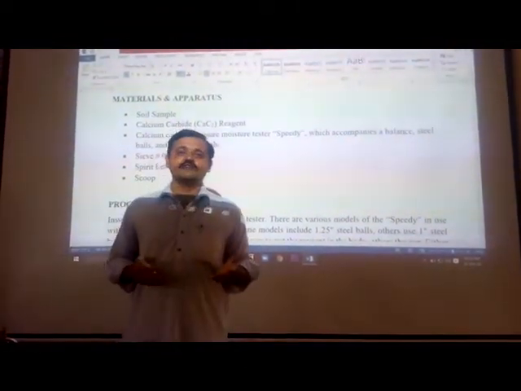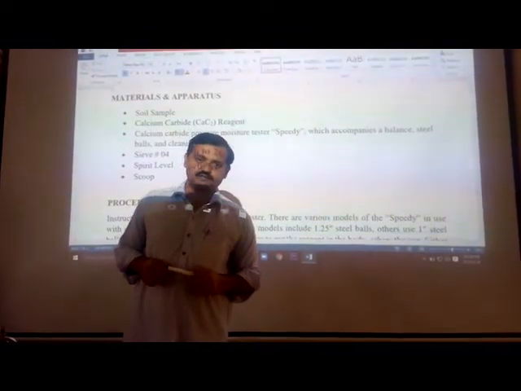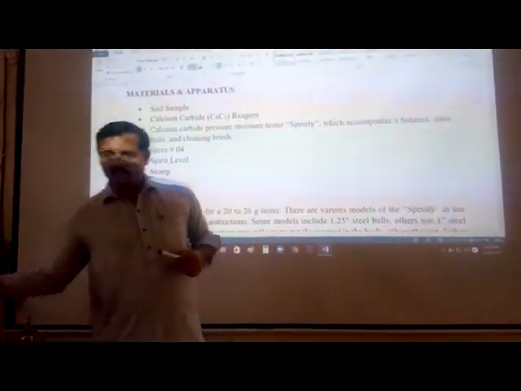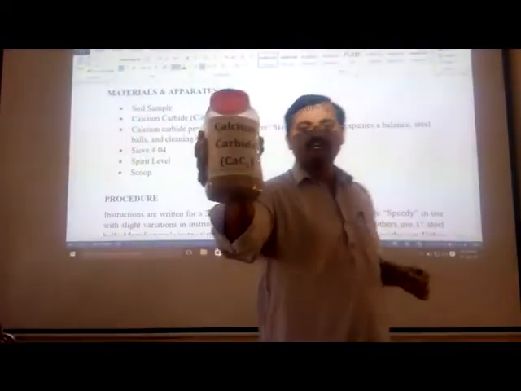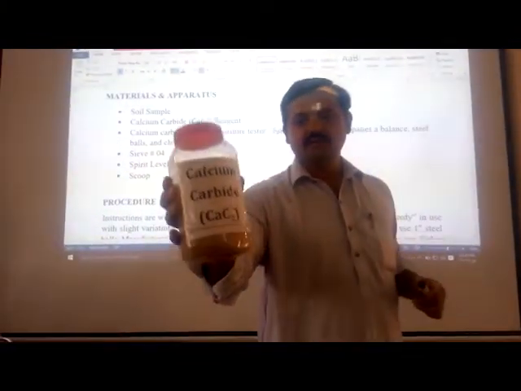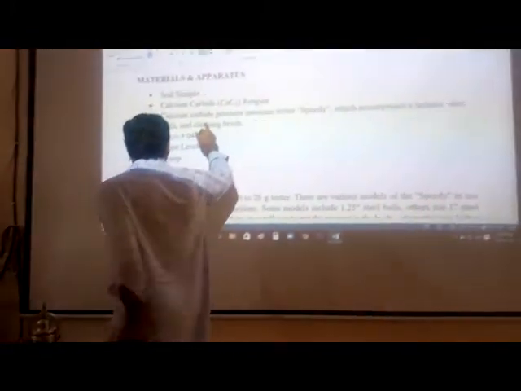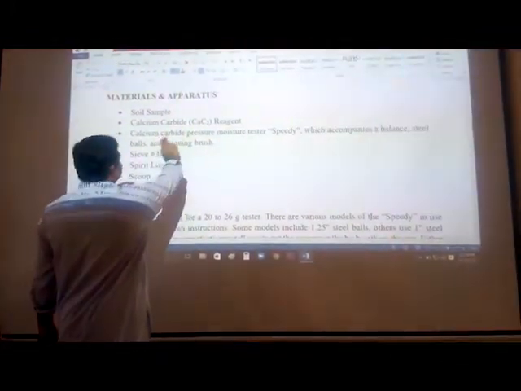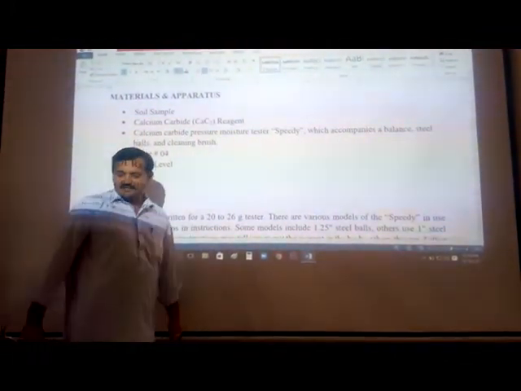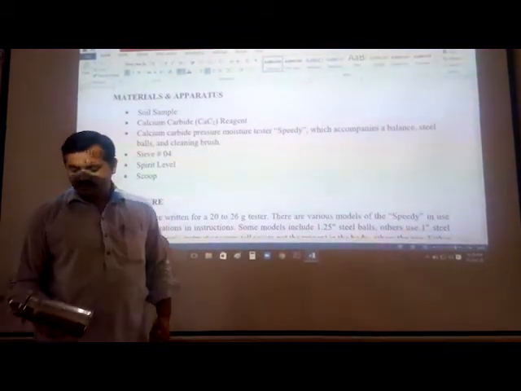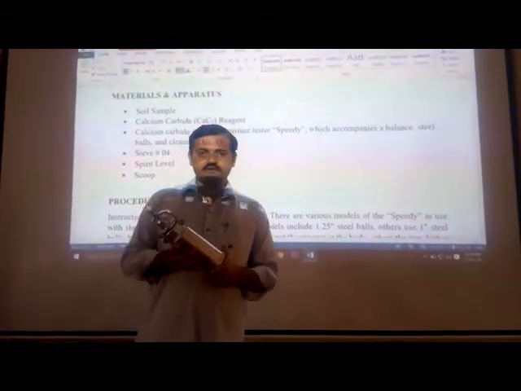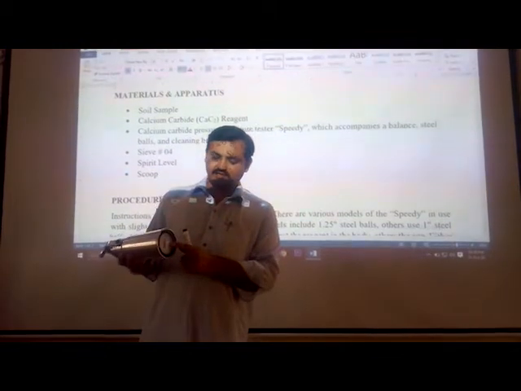Then we will use the speedy moisture tester. This speedy moisture tester consists of this bottle, which is having a pressure gauge fitted beneath, it is having this cover, and also it consists of this beam balance. You can see this is a beam balance.